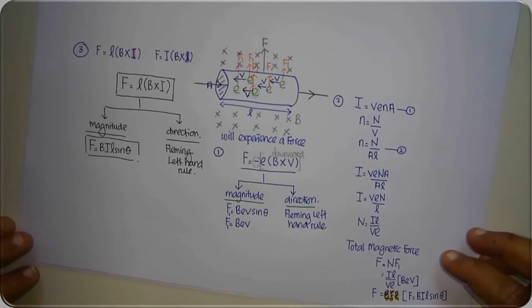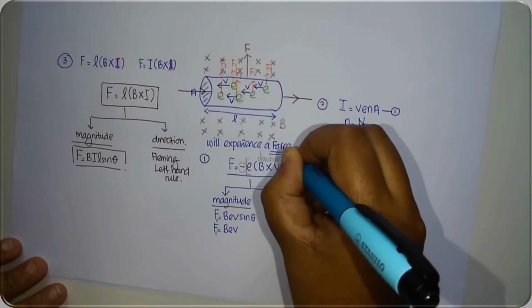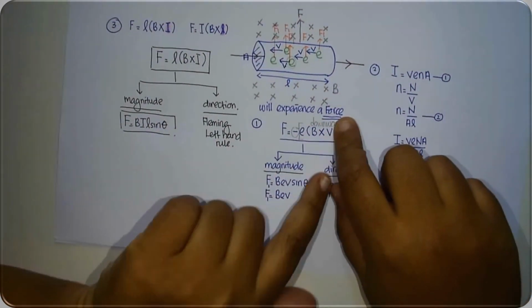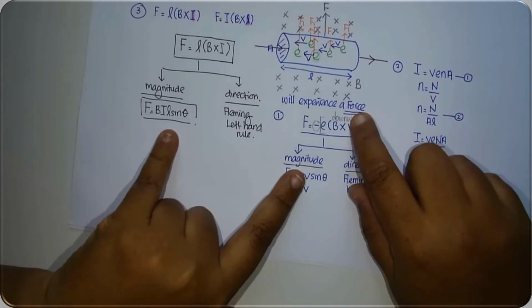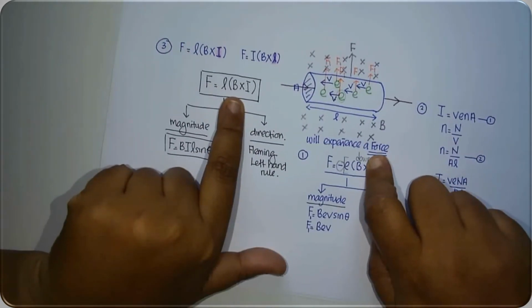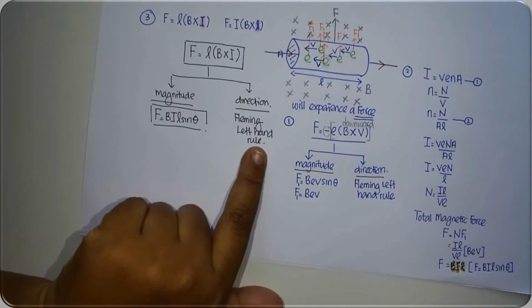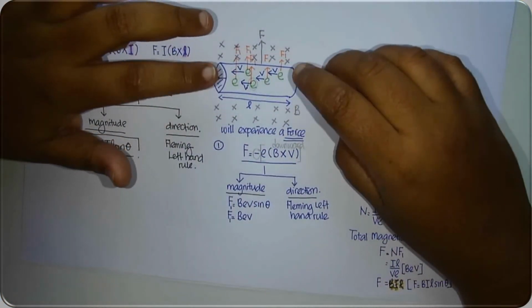So here, class, we have already found the force. We know the magnitude of the force, F equals BIL sine theta. We know the general expression for the magnetic force, and we know how to determine its direction on a current carrying conductor.